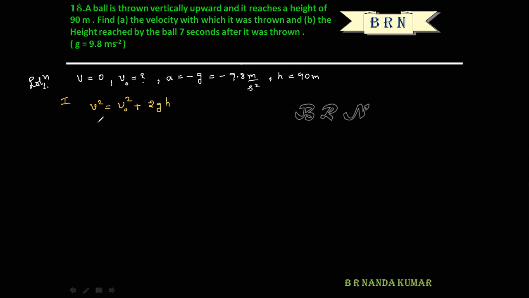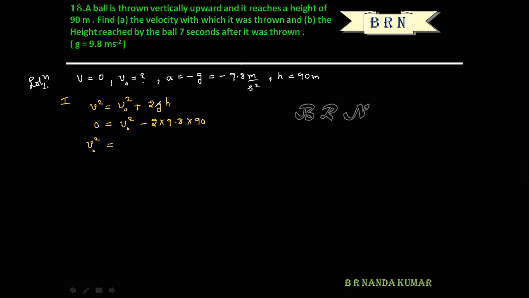So V square is 0, V naught square minus 2, G is 9.8, H is 90. So V naught square is equal to 2 into 9.8 into 90. So what is the value? 2 into 9.8 into 90.